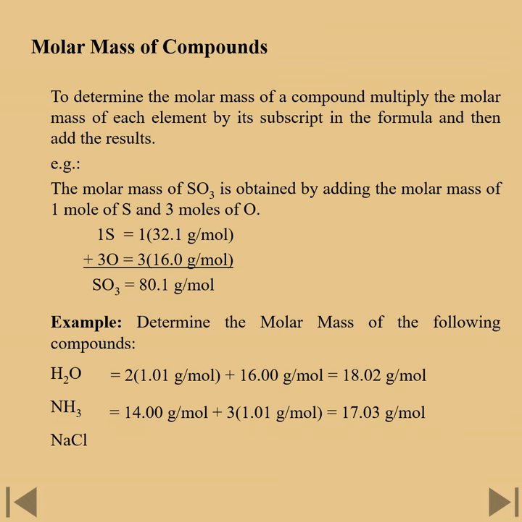And sodium chloride, this time I'm going to call that 22.99 grams per mole. And for chlorine, 35.45 grams per mole, which adds to 58.44 grams per mole. And let me give you a moment to come up with the molar mass of sodium nitrate.